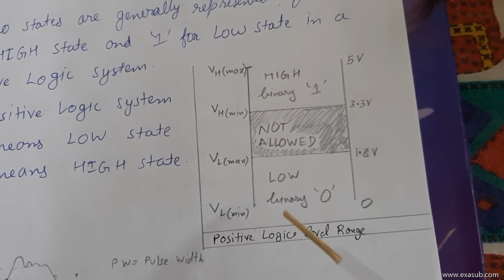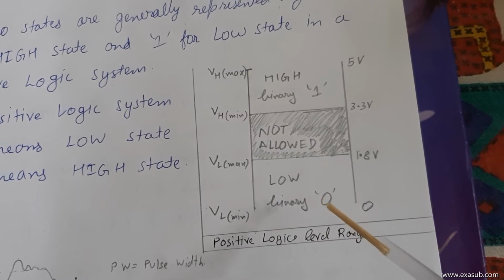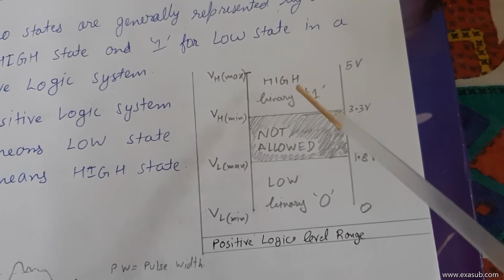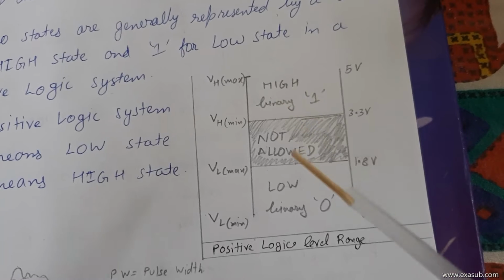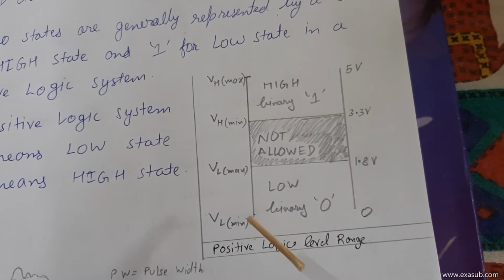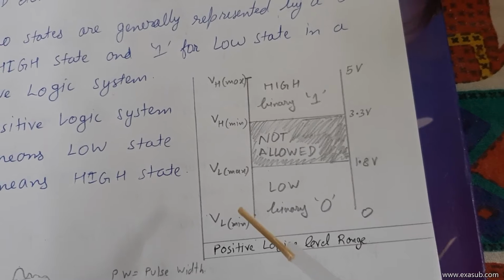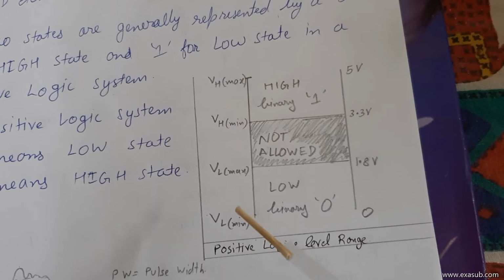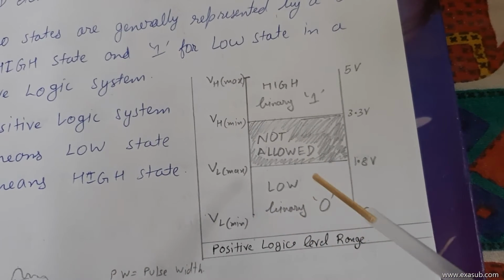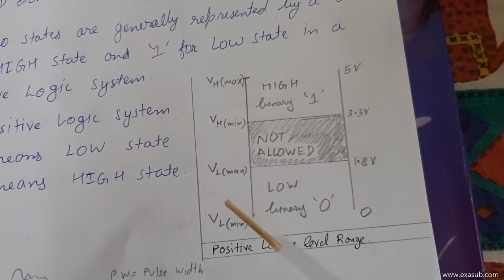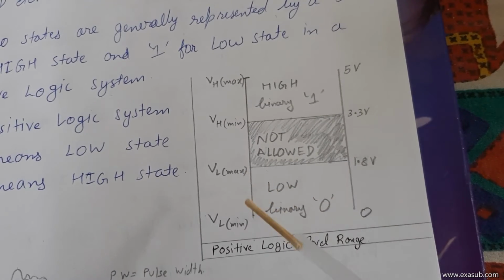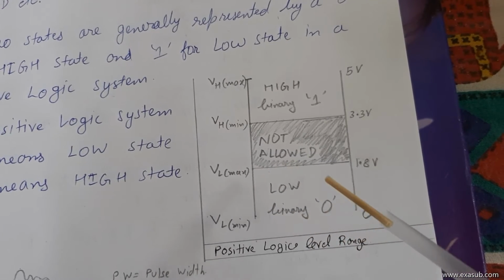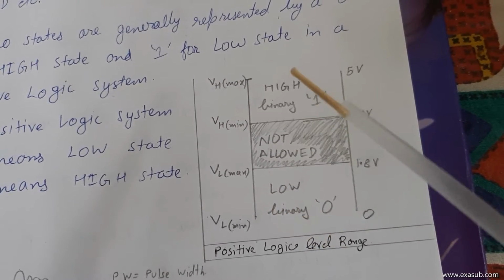This is an example of a positive logic system. In positive logic, we can represent a low by a binary 0 and a high by a binary 1. These are the two states which are allowed. But these two states also require a voltage range, so that if a value falls within the range, it will be considered a low state or a high state.